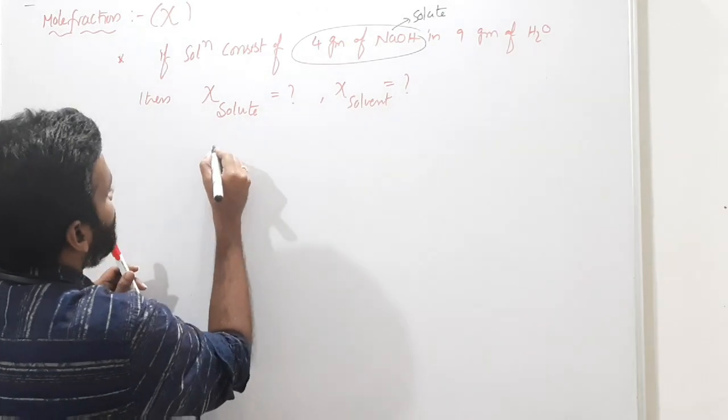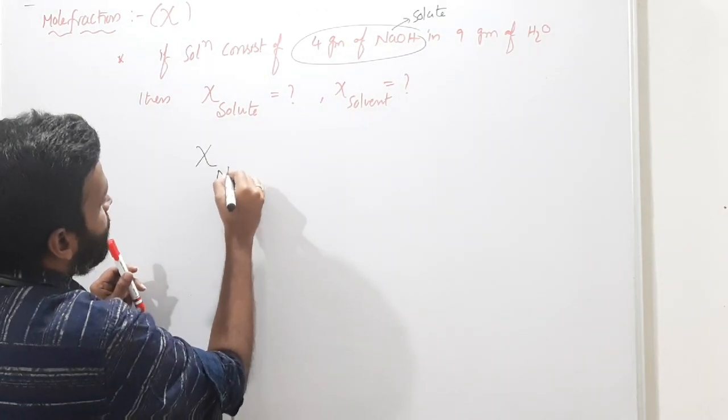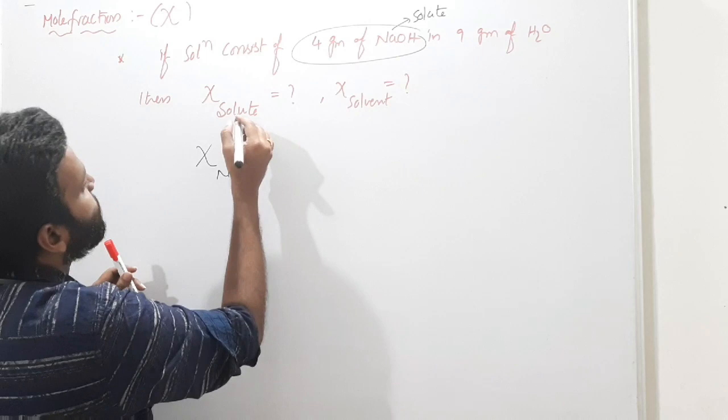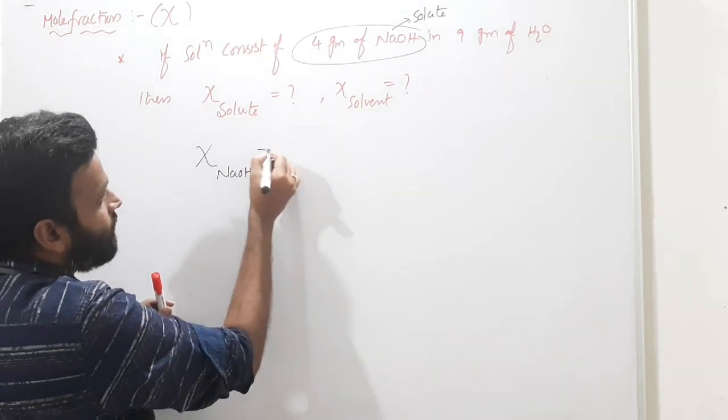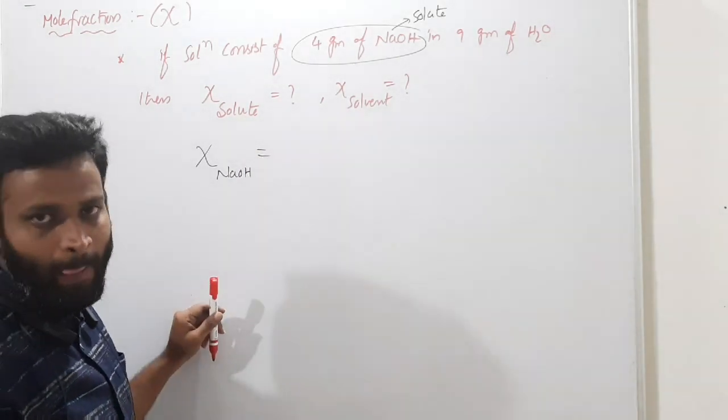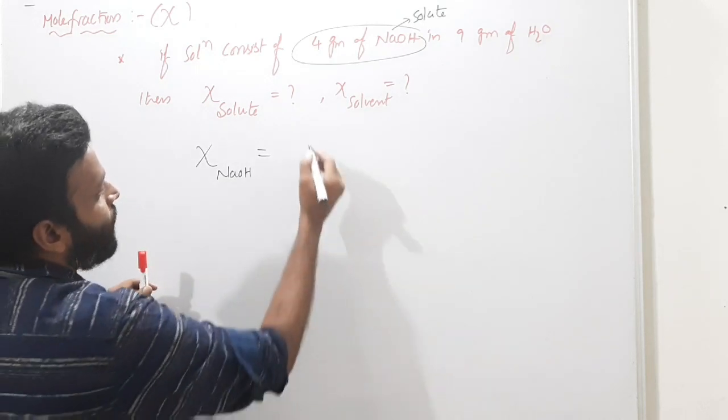So what is the mole fraction of solute? That means the mole fraction of NaOH is nothing but the mole fraction of solute. So what is the formula?